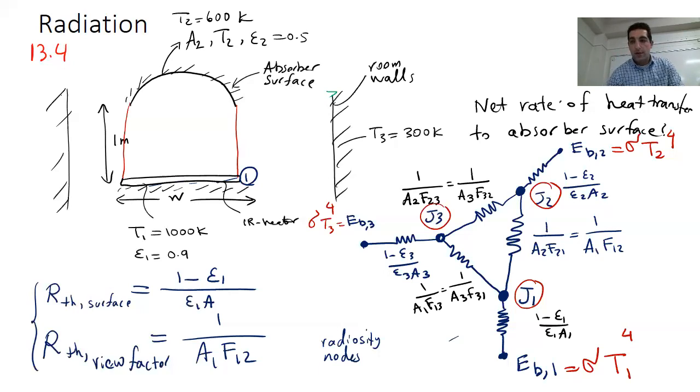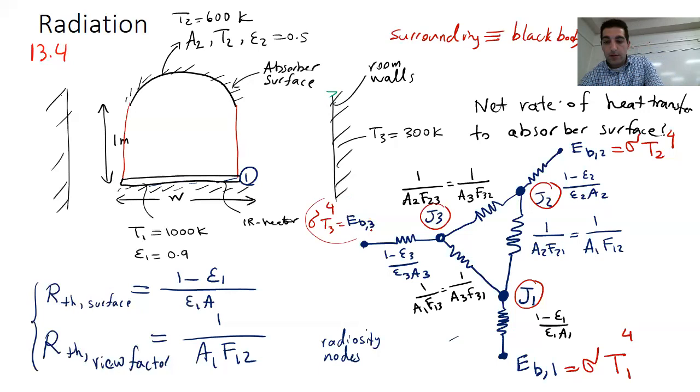What does that mean? Anyone? Surrounding, you can most of the time assume it as a black body, which means that the emissivity of a black body is 1. Therefore, (1 minus 1) divided by this goes to 0. So there's no resistance from the black body, which is our surrounding.